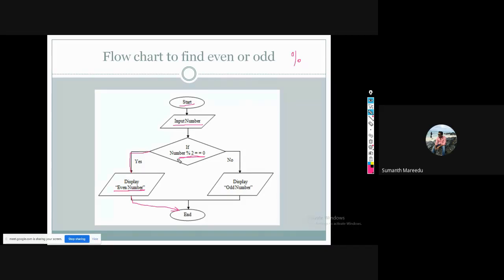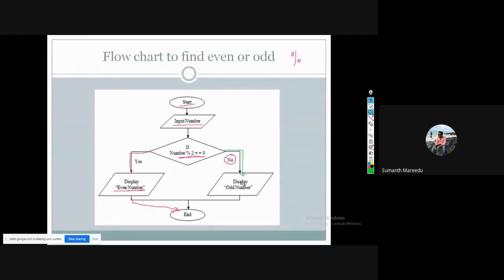When this is not equal to 0, that means when the remainder equal to 0 is false, that means when it is no, in that case, the flow will go in this direction. If it is yes, it will go in the left side direction. If it is no, it goes in the right side direction.